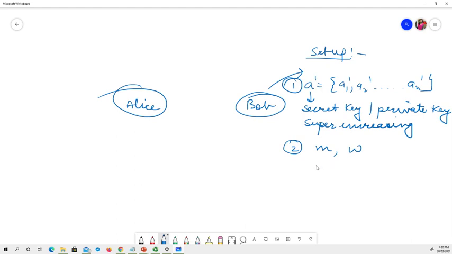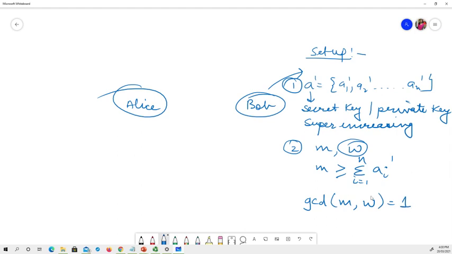Okay, where M is greater than the summation of i equals 1 to n of ai', such that this M value would always be greater than the summation of ai' for i from 1 to n. That's the first thing. The other thing is how Bob calculates W: by choosing a number such that the GCD of M and W should be equal to 1.